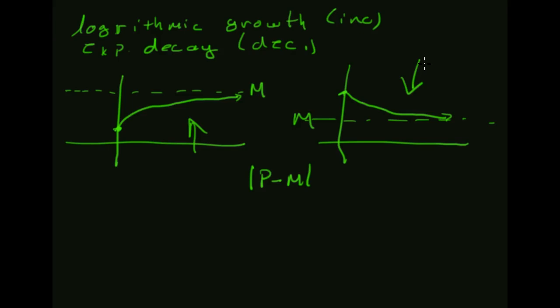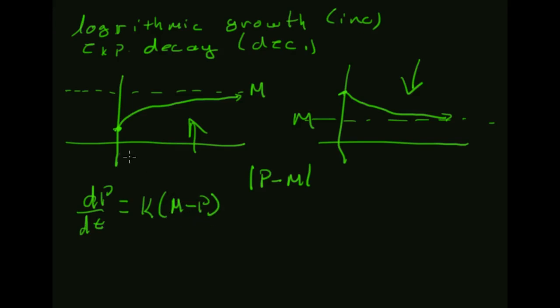All right, so let's see what's going on here. The model here is that the change in population with respect to t is equal to k times the distance between m and p.